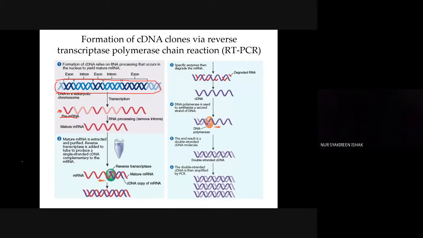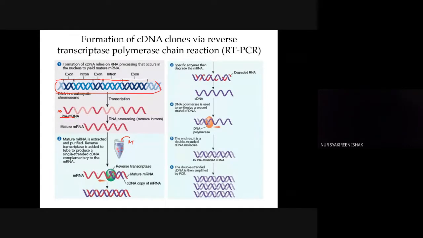After you have isolated the mRNA, it is purified from other substances during the isolation process. So in this test tube, for example, you have the mRNA, and you add reverse transcriptase into the reaction. Reverse transcriptase is added to the tube to produce single-strand cDNA complementary to the mRNA.